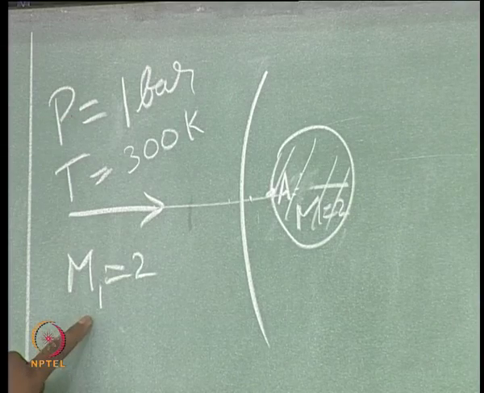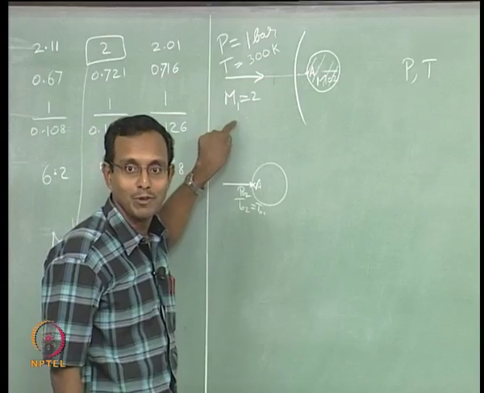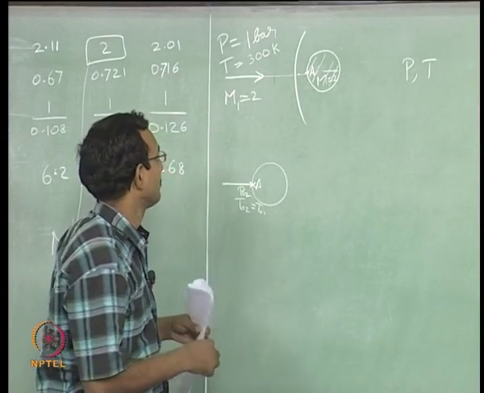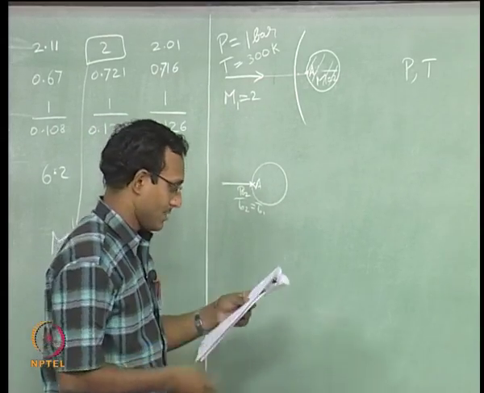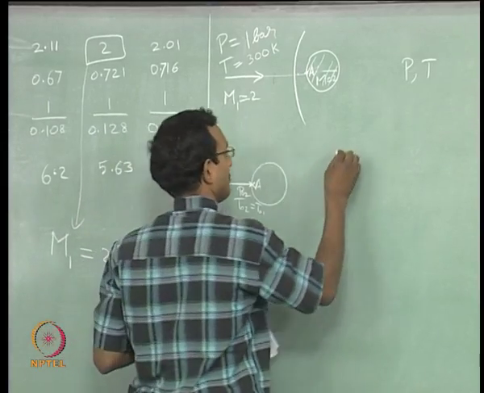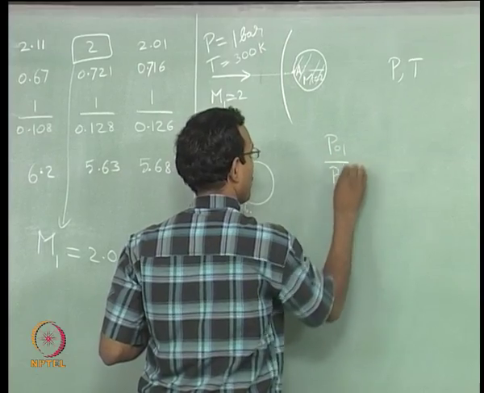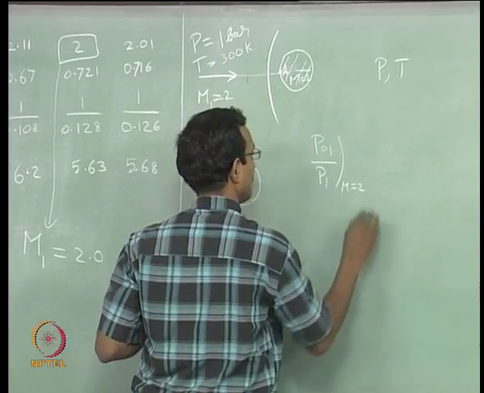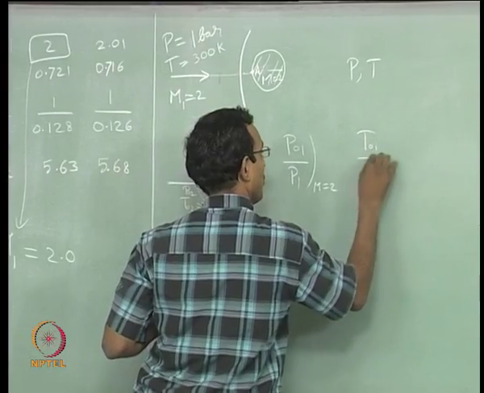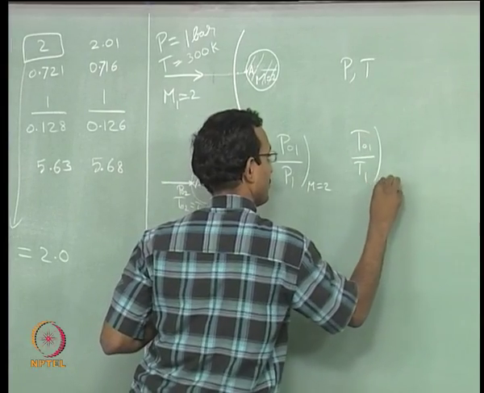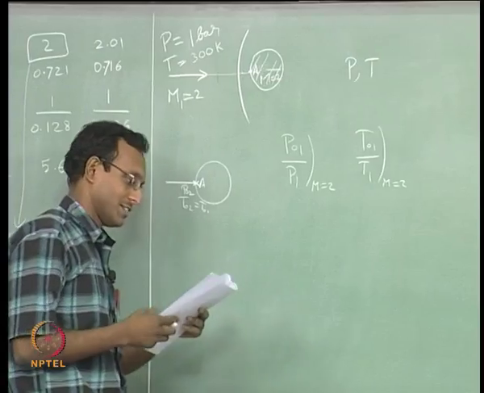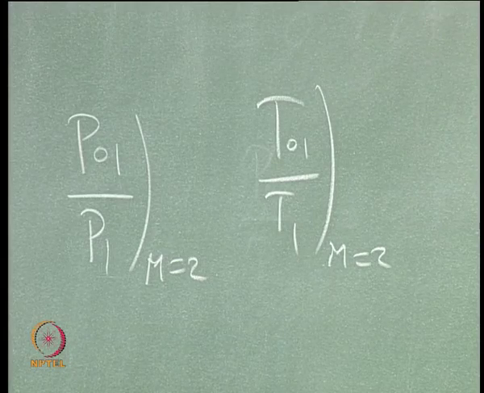So I have to find the stagnation conditions for M1 equal to 2. I have to find P naught 1 by P1 for M equal to 2 and T naught 1 by T1 for M equal to 2. I can find these numbers.